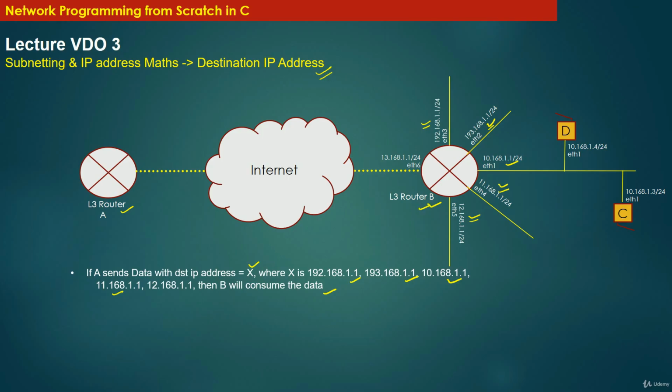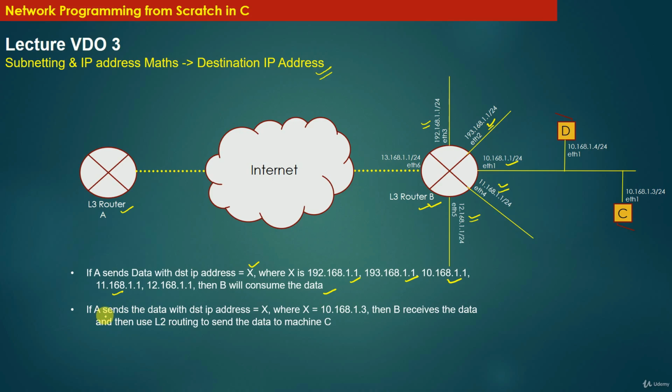So this is the criteria of receiving and consuming the data by a machine. That is, the destination IP address must be equal to the IP address of any local interface of a receiving machine. But what if A sends the data with destination IP address X, where X is equal to, for example, 10.168.1.3, right?